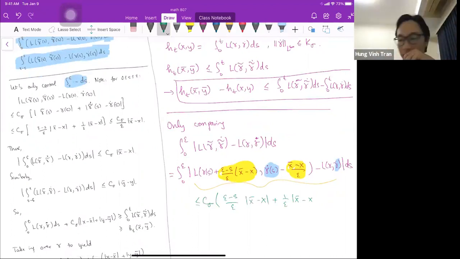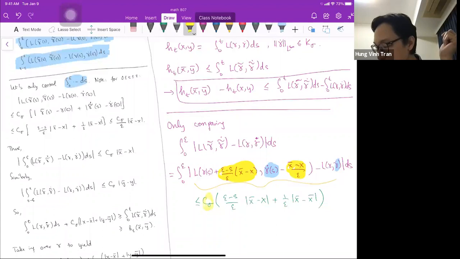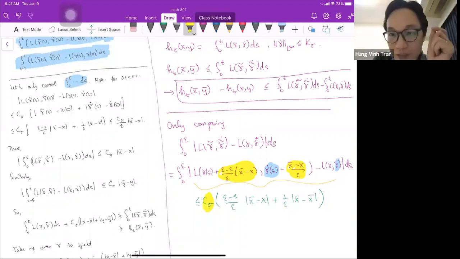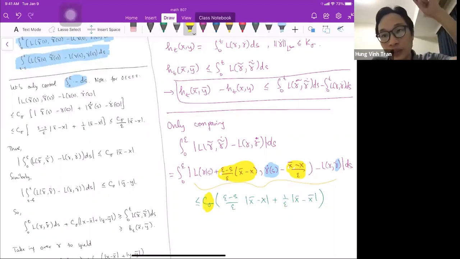Okay. So let me emphasize, I only have c sigma here because gamma dot is bounded, right? If gamma dot is arbitrary, if it goes near infinity, then I wouldn't be able to control it so well.